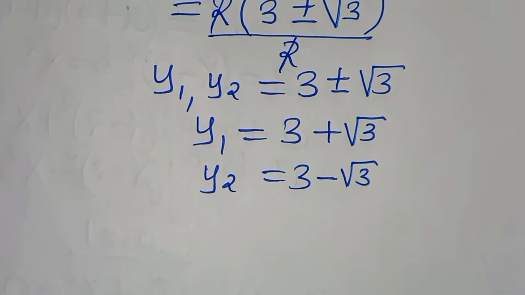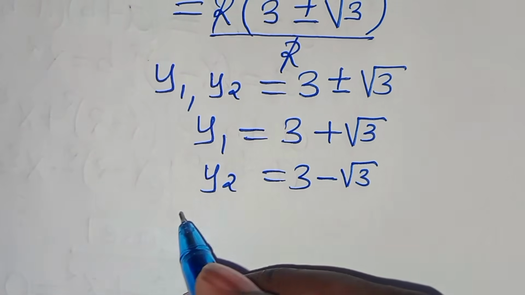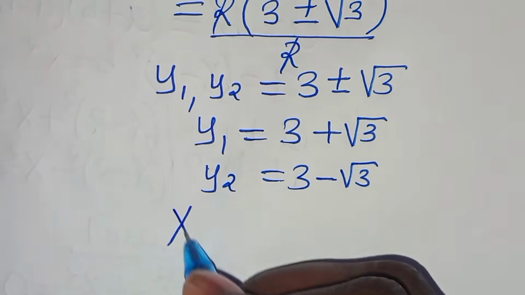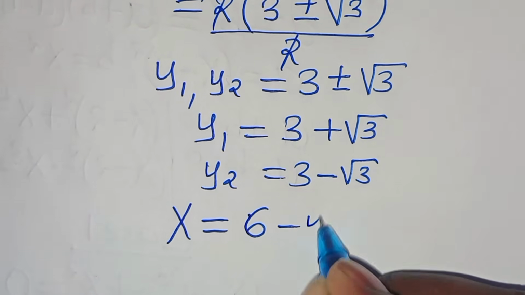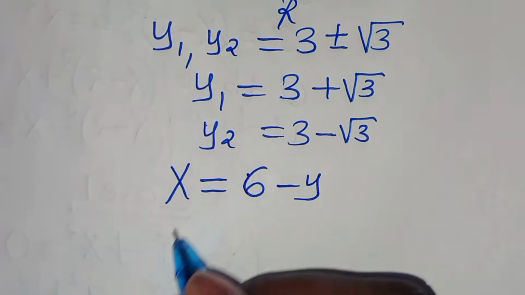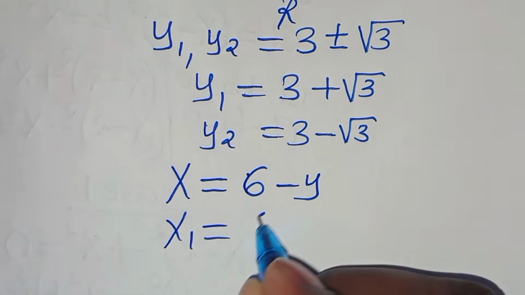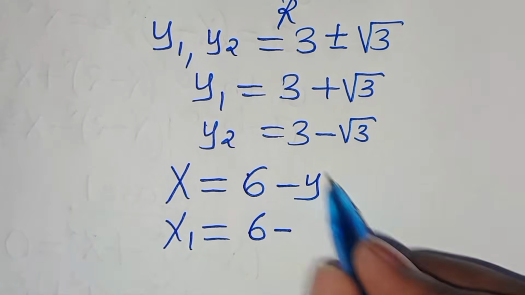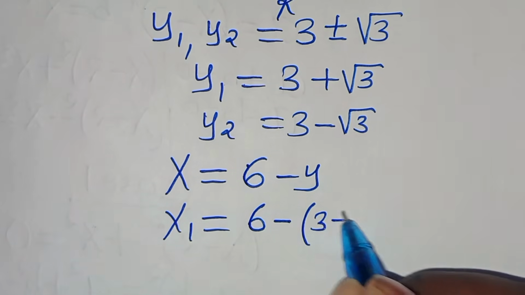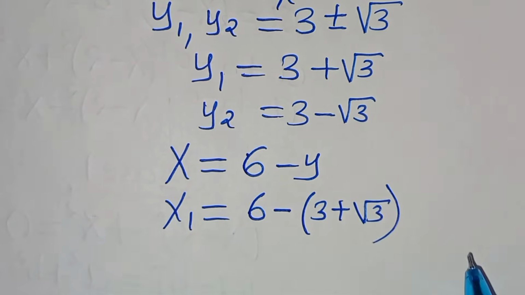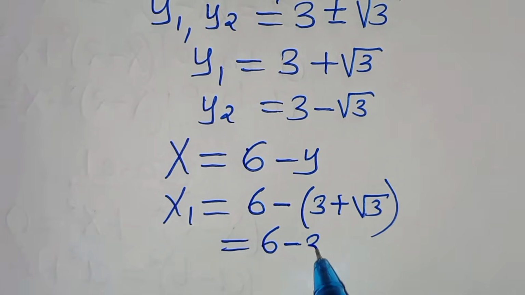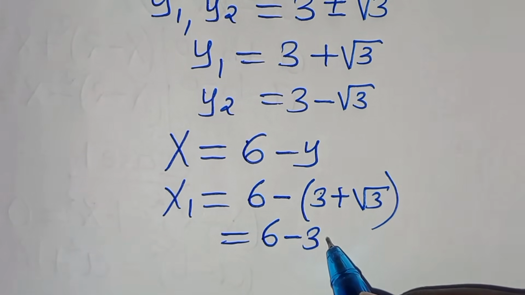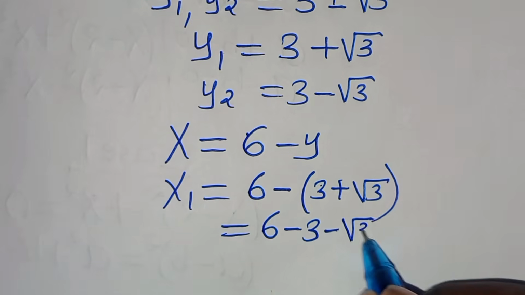Now let's solve for the corresponding values of x1 and x2. From equation 3, we have x is equal to 6 minus y. So we can solve x1, this is equal to 6 minus y1, which is 3 plus square root of 3. And this is equal to 6 minus 3, minus times plus, this becomes negative square root of 3.